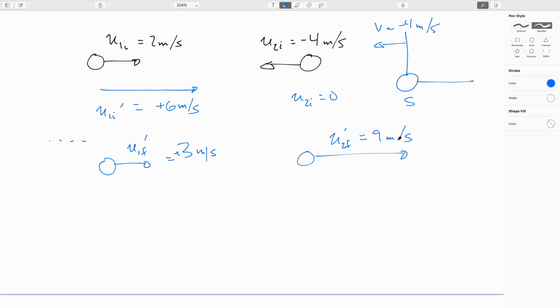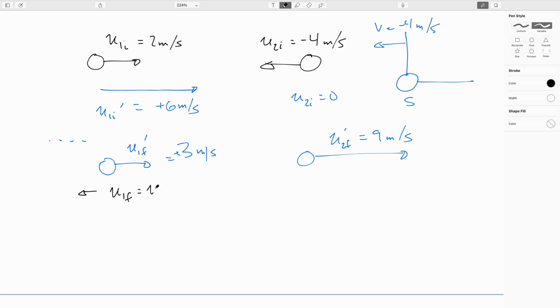All right. So then we could go back and figure out how fast S would see it move by adding in 4 meters per second. So, subtracting 4 meters per second. So after the collision, S would say it was bouncing to the left.